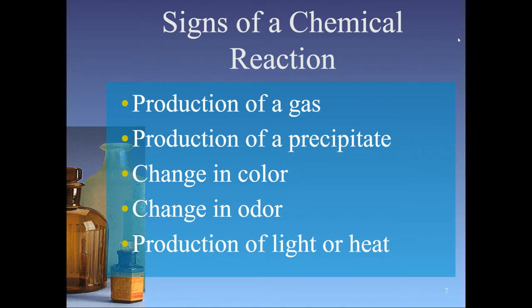Okay, the leaves changing from green to red or browns or yellows. That's a chemical reaction. A change in odor. Maybe it's giving off a smell, a distinct smell. Last, and one of the easier ones to see is the production of light. Okay, if it's putting off light, then that's a chemical reaction. Or you can put your hand on a certain beaker, and if you feel heat, then that's another sign that a chemical reaction is occurring.